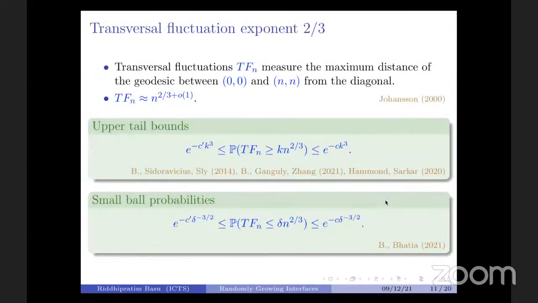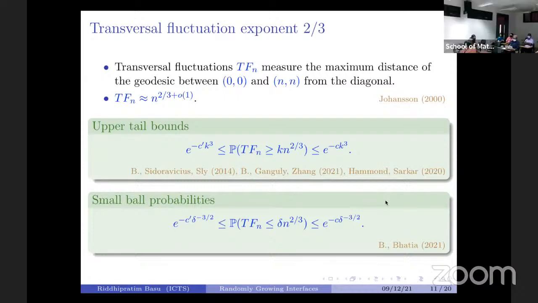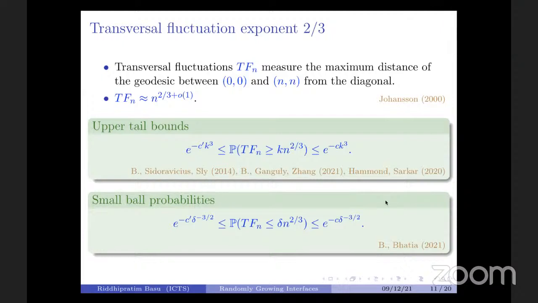So let's start with the geodesic geometry. What is the most basic thing that you can ask about the geometry of the geodesic? You have two points and a geodesic joining them. The first thing to ask is how it differs from the Euclidean geodesic, the straight line. One measurement of that is the so-called transversal fluctuation.